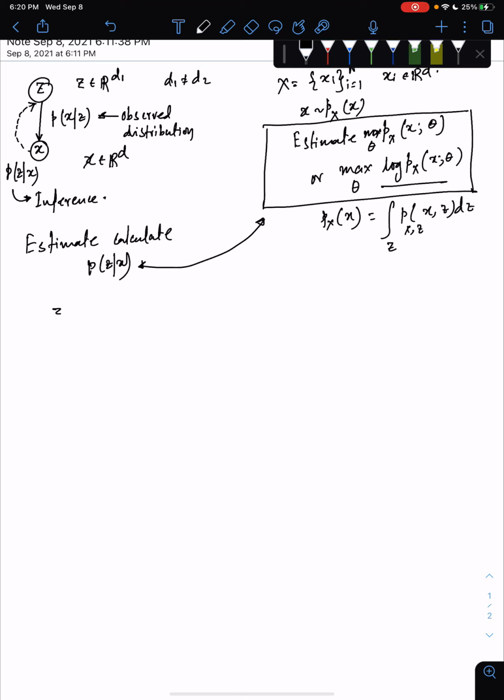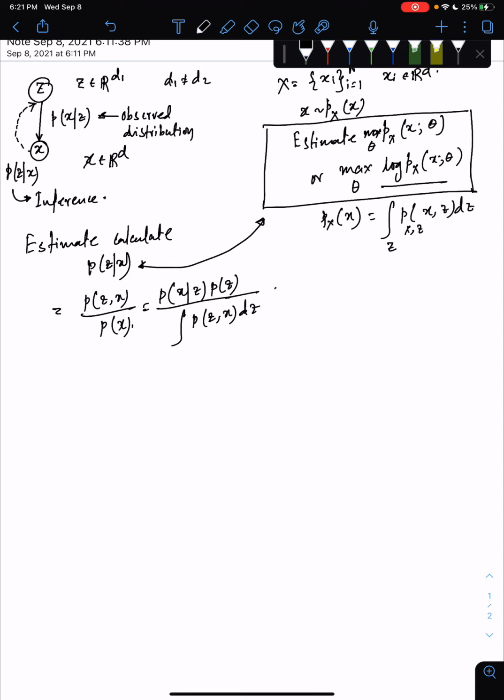Now if I come here and do a bit of algebra, this can be written as this, which is from Bayes rule, and here also we will get the same thing.